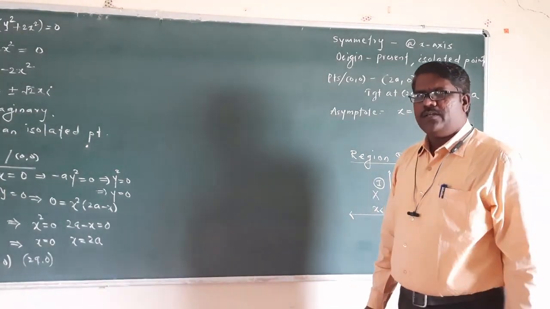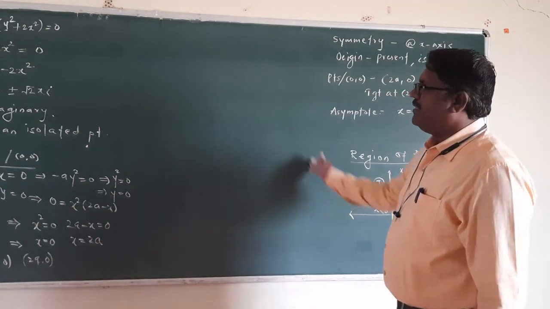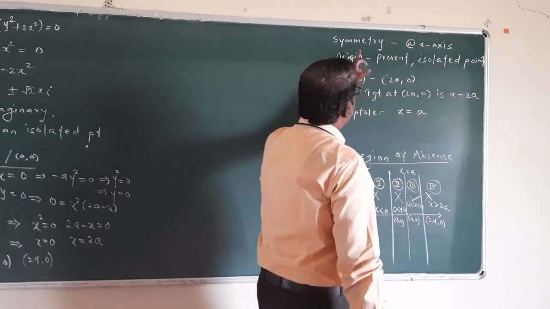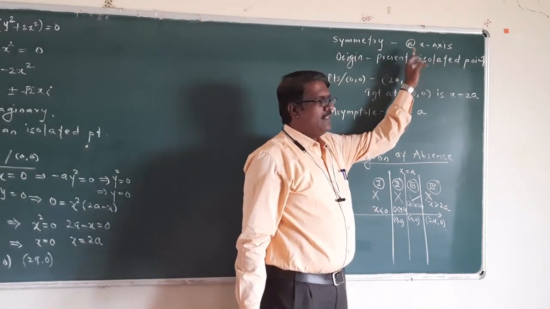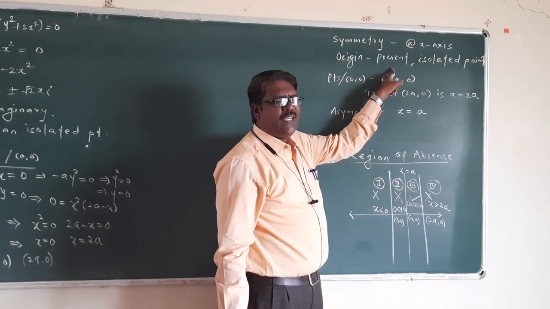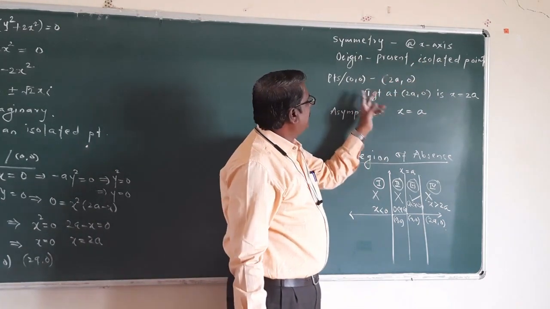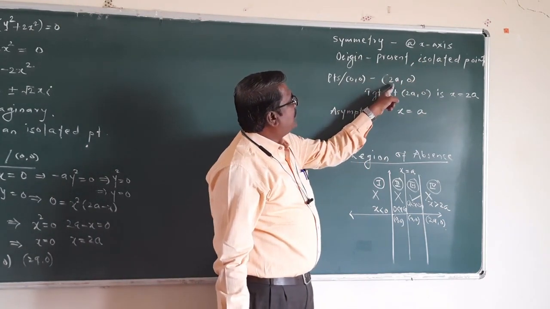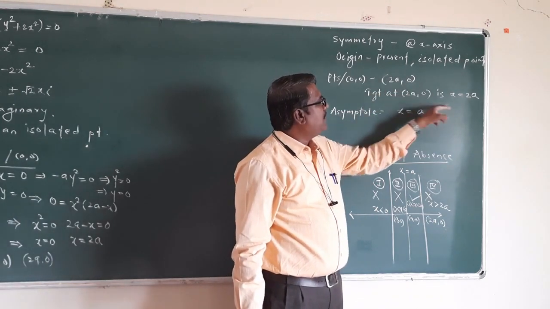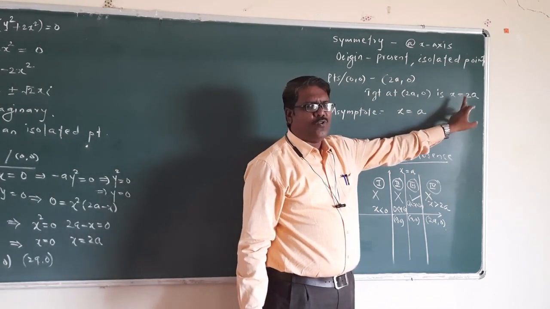Now overall, what we studied in these discussions: the given curve is symmetric about the x-axis. For the given curve, the origin is present, but that origin is an isolated point. The points other than the origin is 2a, 0, and at this point the tangent is x equal to 2a.